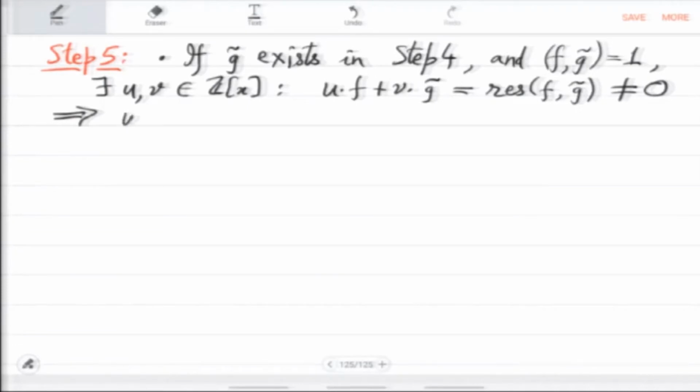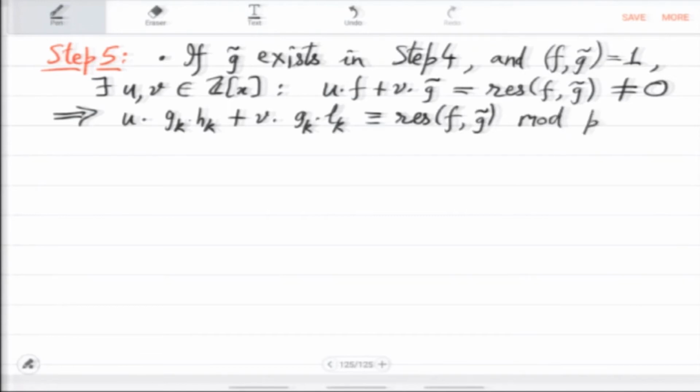You will get U times f is GK HK and G tilde is GK LK, which is obviously the resultant modulo P raised to 2 raised to K. Okay, so modulo prime power, you know how f and G tilde factor, and this gives you this nice congruence where GK is outside.